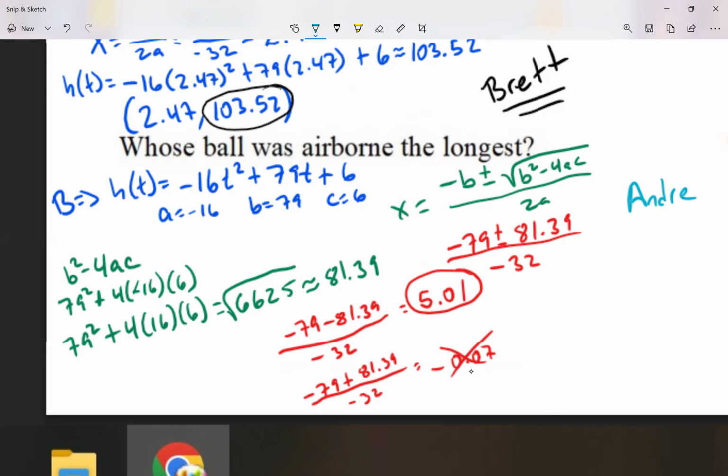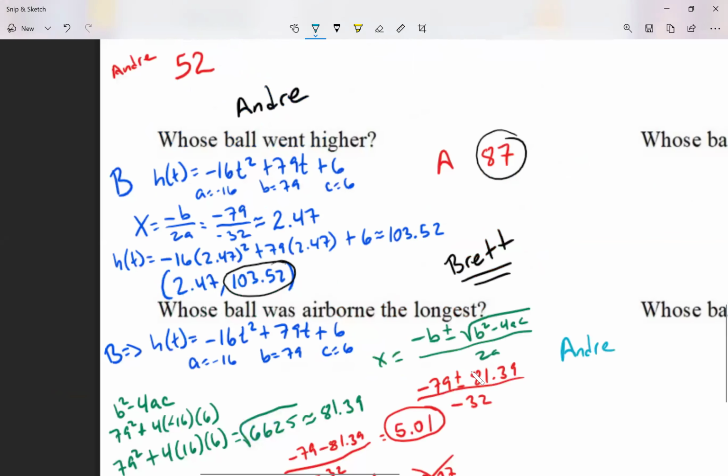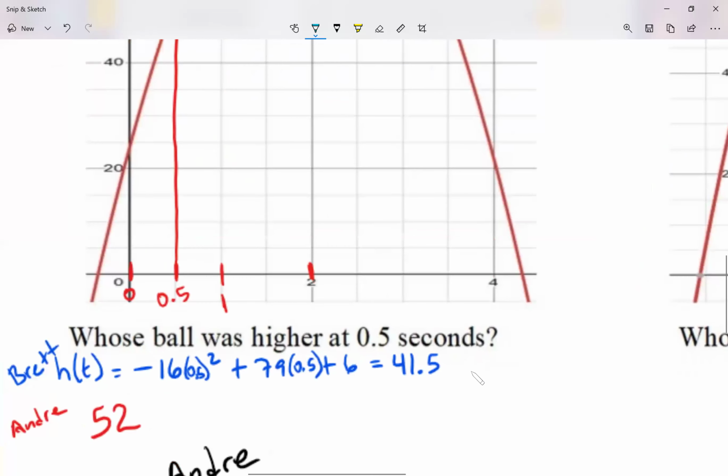Andre. Well, for that, I'm going to just look at the graph. Okay, so it seems like each square is 0.5. So I see here, this is about 4.5. That's one of my zeros, 4.5.